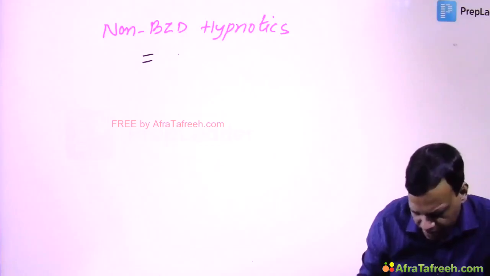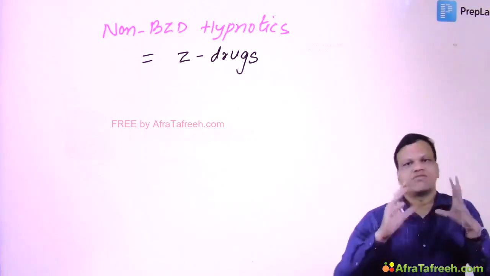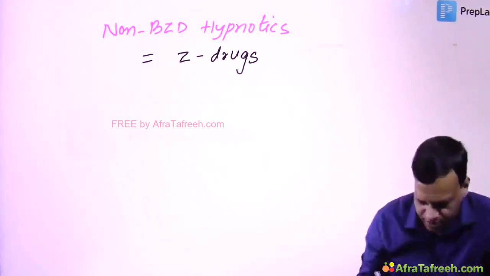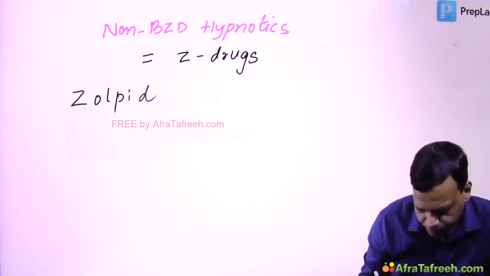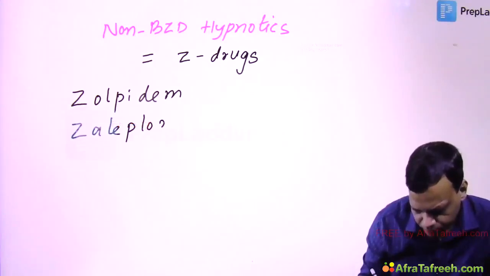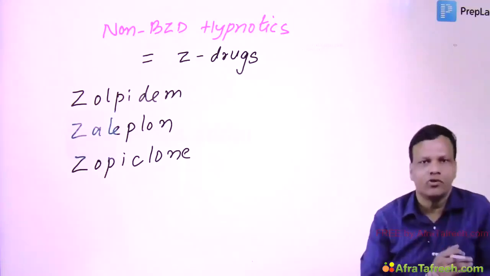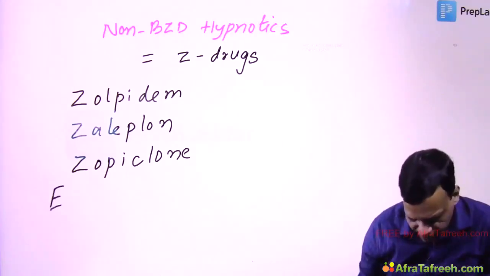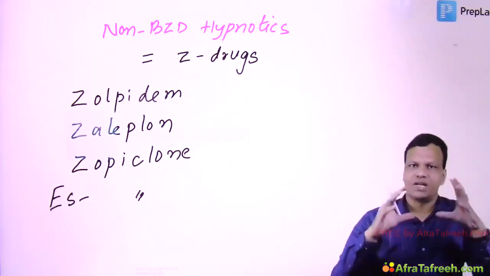In my language I say these are Z drugs because the name of most of them starts with Z. So these drugs include zolpidem, zaleplon, zopiclone. All start with Z, but recently an isomer of zopiclone has also been approved, which is called S-zopiclone. All these are non-benzodiazepine hypnotics.